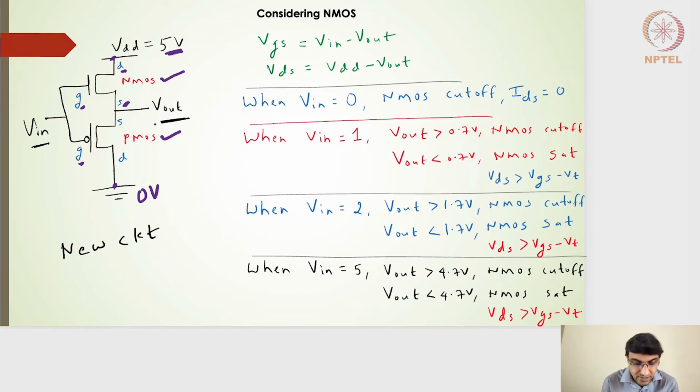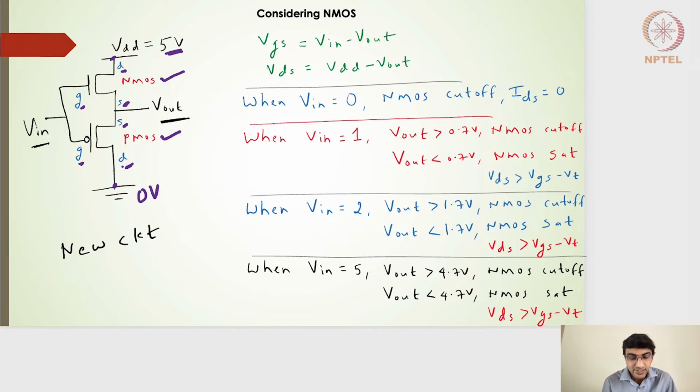So the other terminal, which is connected to the Vout output voltage node, is likely to be between 0 to 5 volts. So it's likely to have a higher potential than 0 volts. That's why this particular terminal is chosen as the source node, and this one is chosen as the drain node.